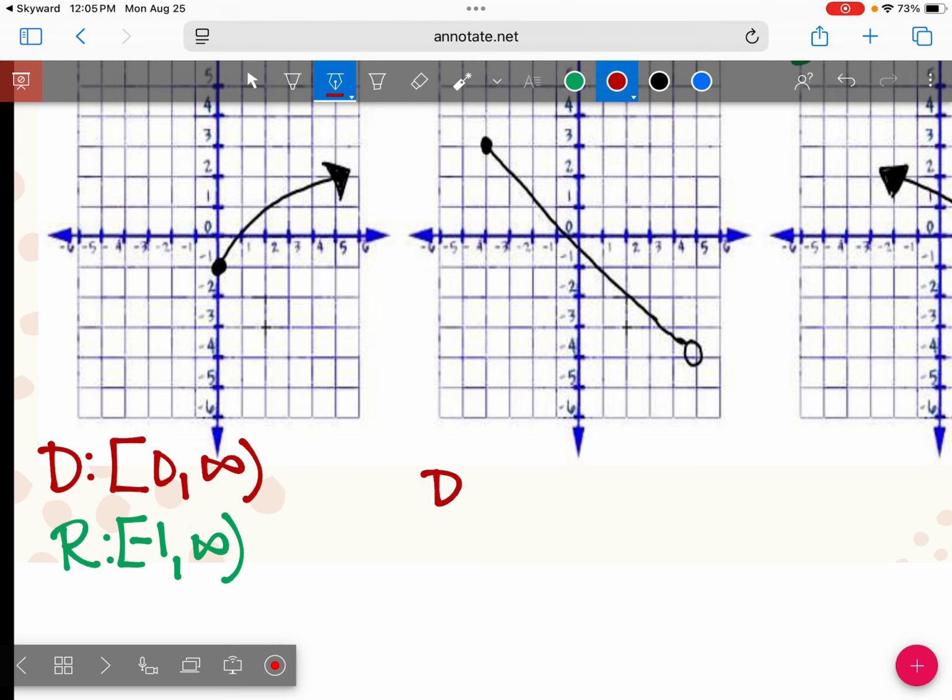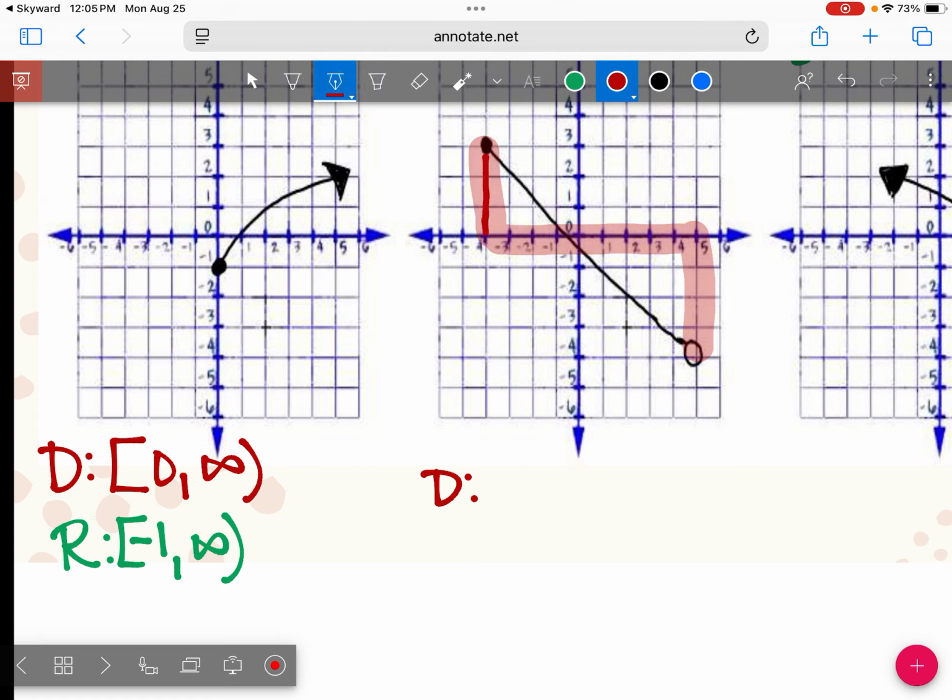All right, let's do the domain and range for the second one. All right, so domain right here. So it's asking you on the x-axis, do you see how this graph goes from here to here on the x-axis? So what is the first number?